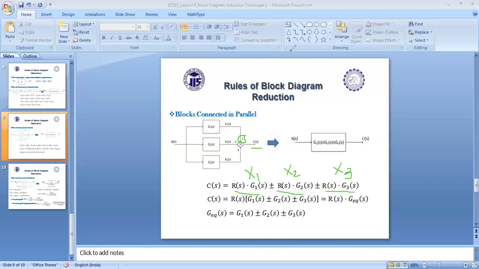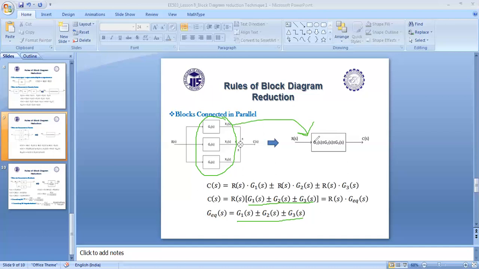Now by taking Rs common, we will get G1 plus minus G2 plus minus G3. So Cs by Rs will be G1 plus minus G2 plus minus G3. So these three parallelly combined blocks can be represented by a single block, that is G1 plus minus G2 plus minus G3.